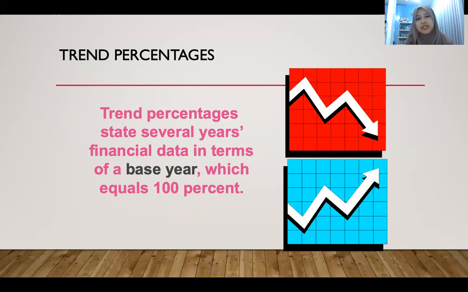It will also lead us to find out the relationship, why certain items, like maybe the gross profit, are decreasing when the sales are increasing. There might be a reason that can be explained from the analysis.